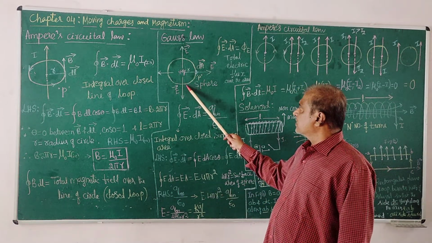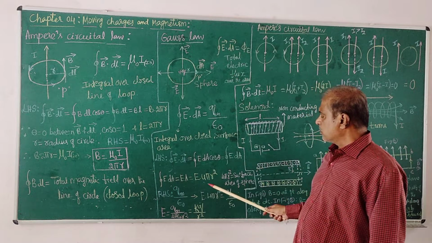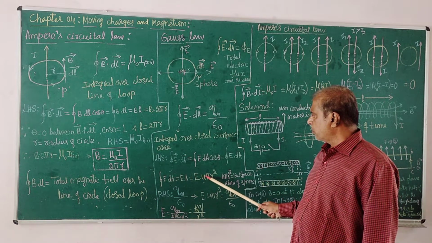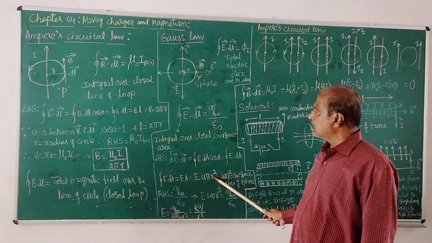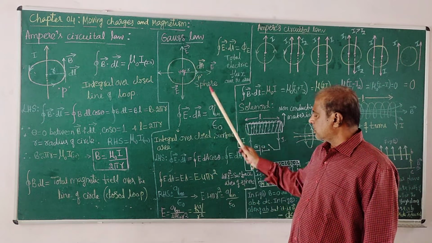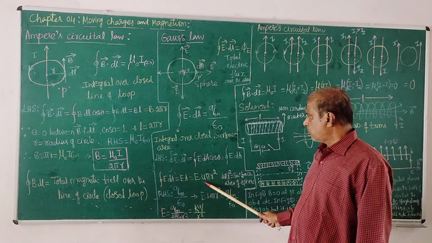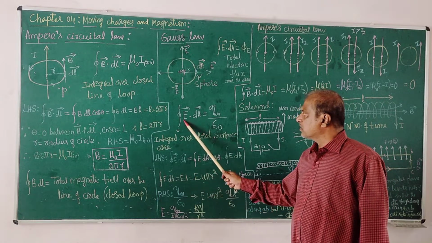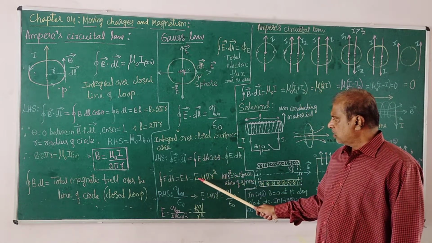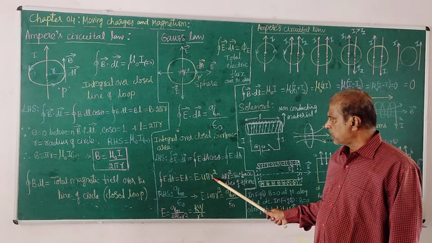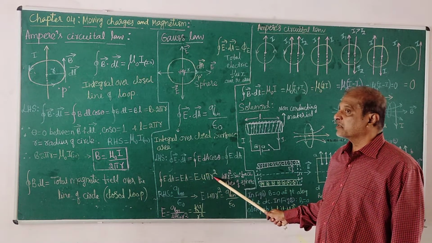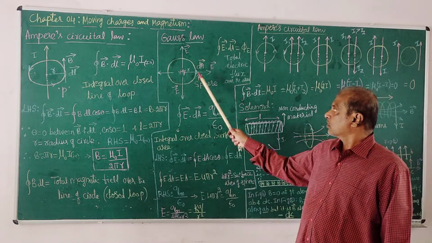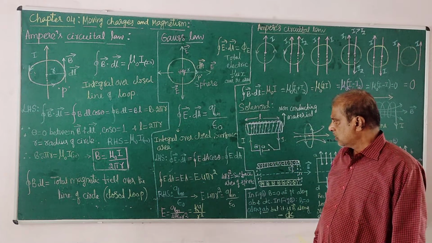The spherical surface area of the sphere is given by the formula 4 pi r square. What is r? The radius of the sphere. This is the left hand side of the equation. E into 4 pi r square is the total electric flux of that surface.